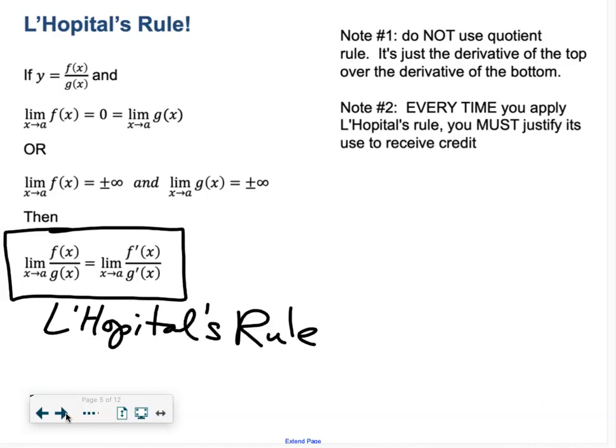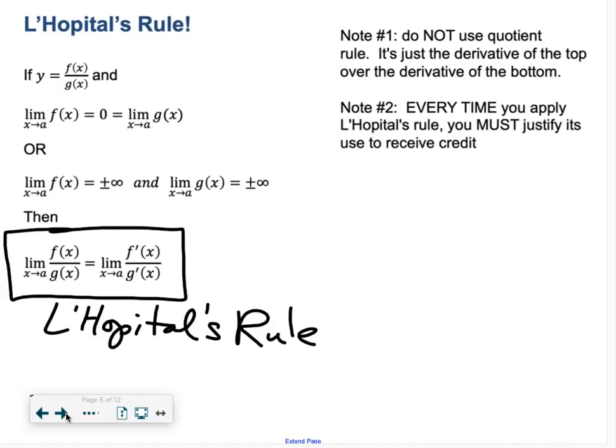The other note, and this is an important one: 3 years ago, the College Board changed their requirements on L'Hopital, and now the College Board requires justification whenever you use L'Hopital. If you don't have appropriate justification, they do not give you credit for your L'Hopital.